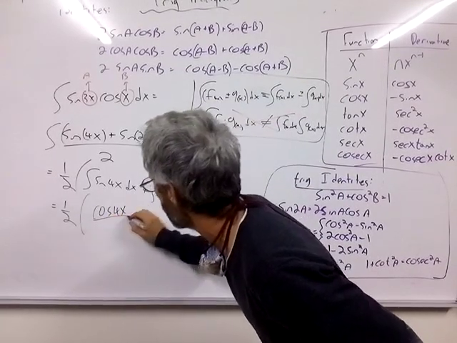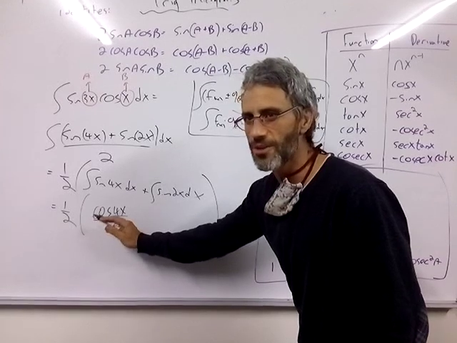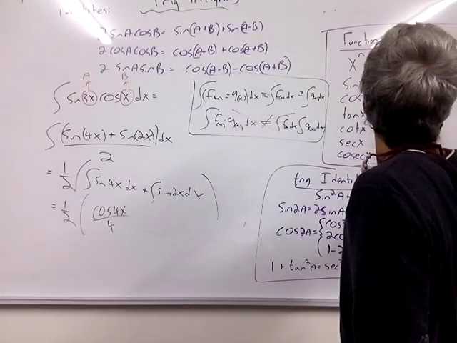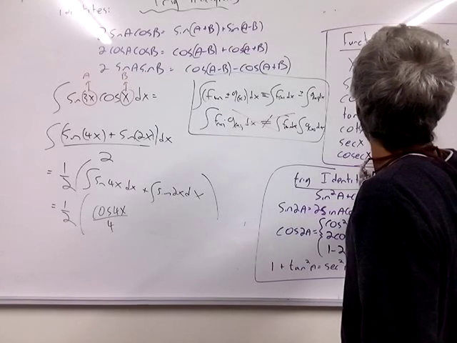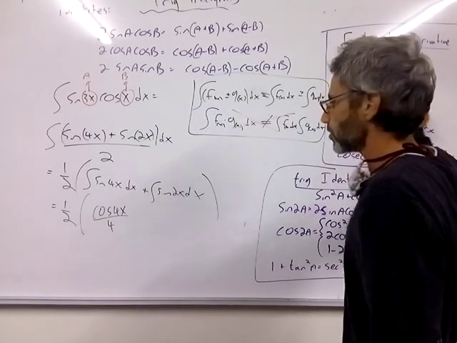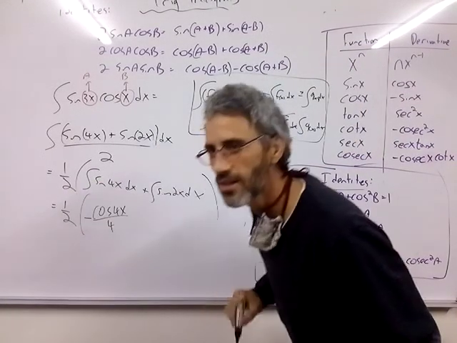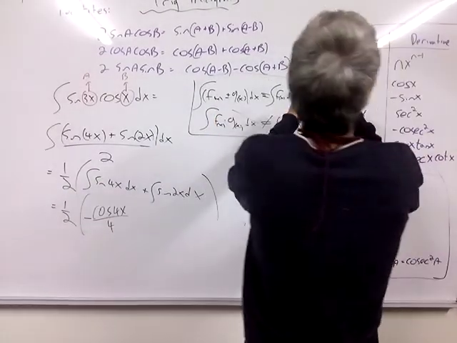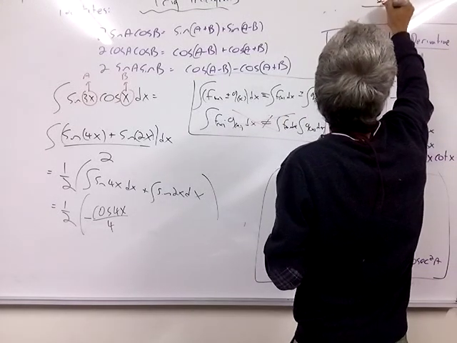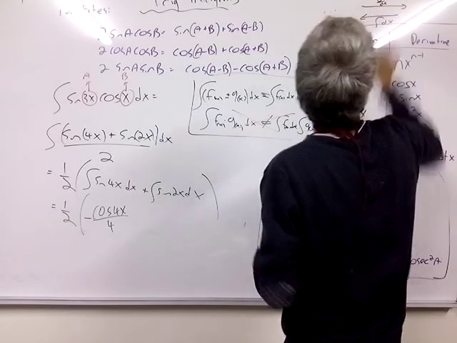We already divided by 4. We just need to figure out whether there is a minus or not. That's probably the hardest thing. The derivative of cos is minus sine, so the integral of sine will be minus cos. When we move this way, it's differentiation; when we're moving that way, it's integration.